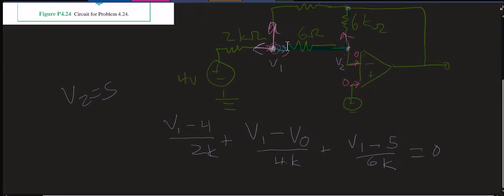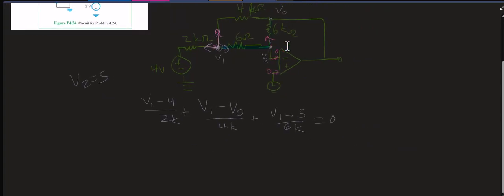And then at V2, I'll have (5 minus V1) over 6K plus (5 minus V out) over 6K equals 0, because I don't have to do the current going down because that's 0.